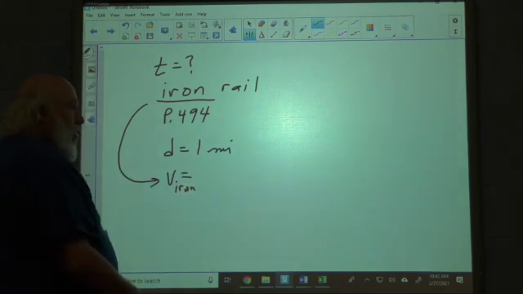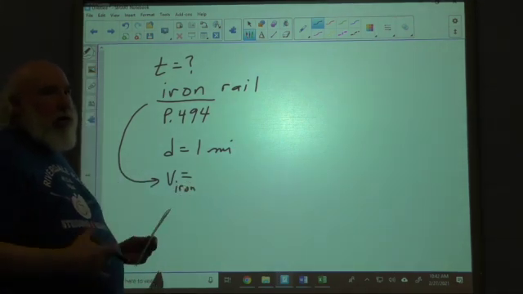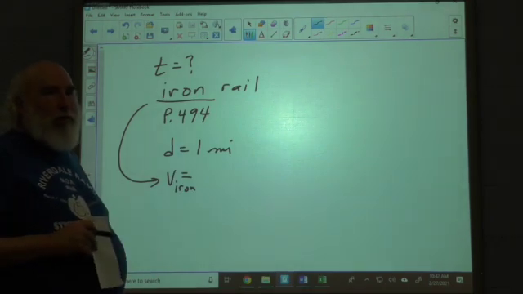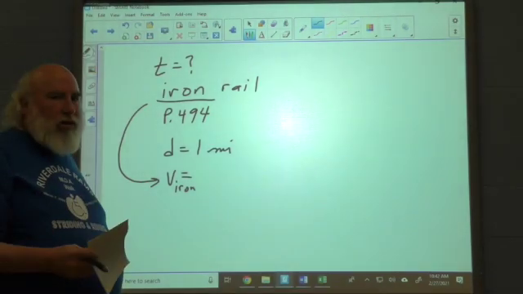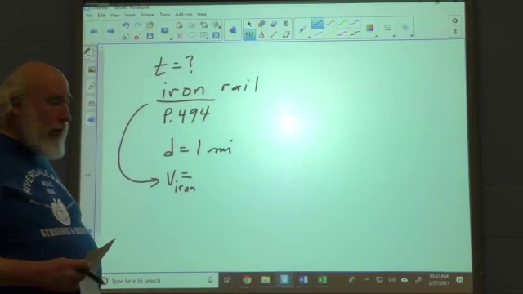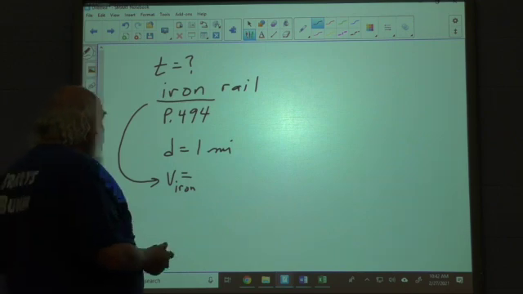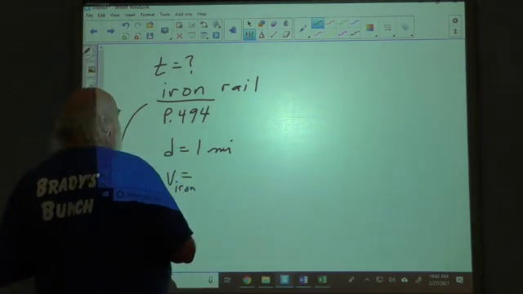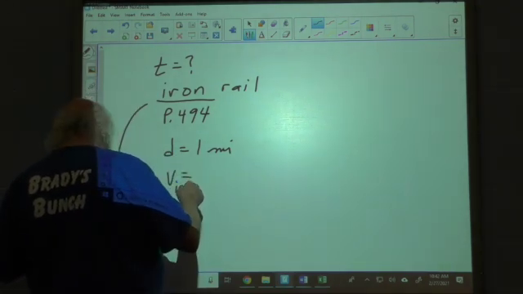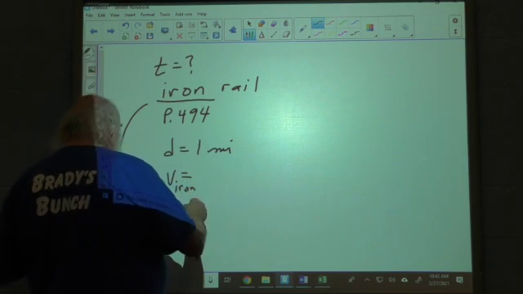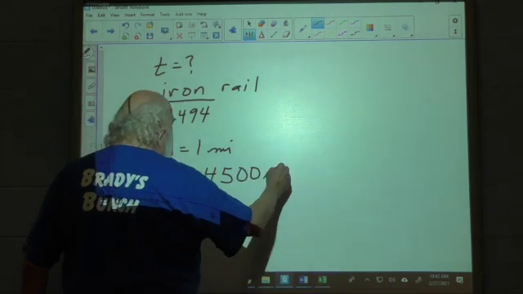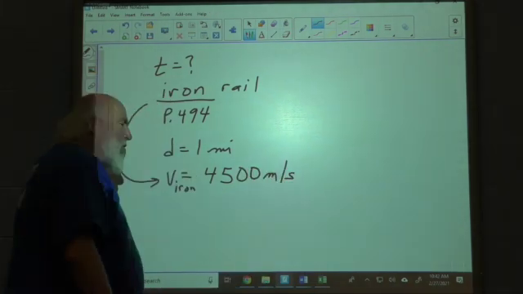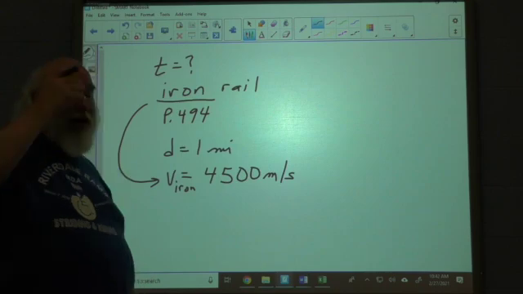Now, we're saying this at 0 degrees because the calculation for the change of velocity is not the same as it is for air. So we'll just say it's a cold day. Okay? So, if you look at the chart on page 494, the speed of sound in iron is 4,500 meters per second. That's incredibly fast.